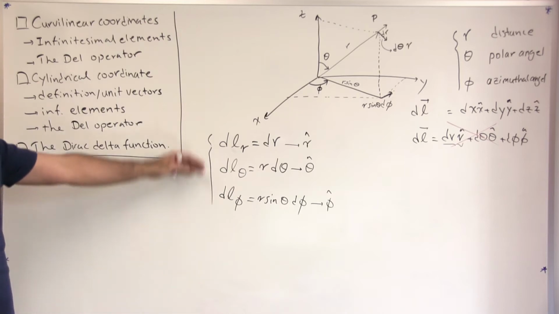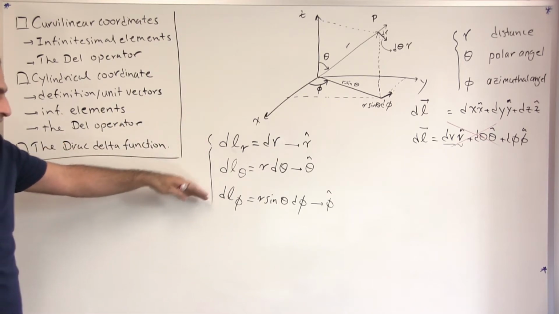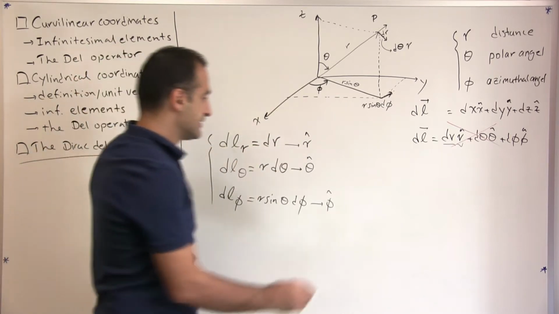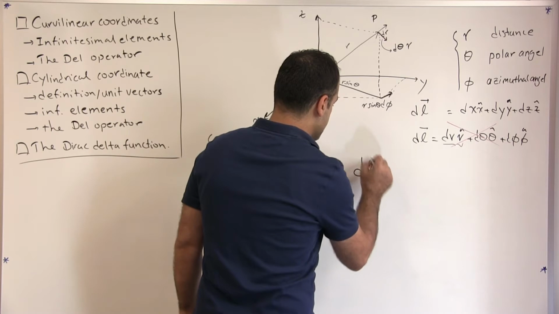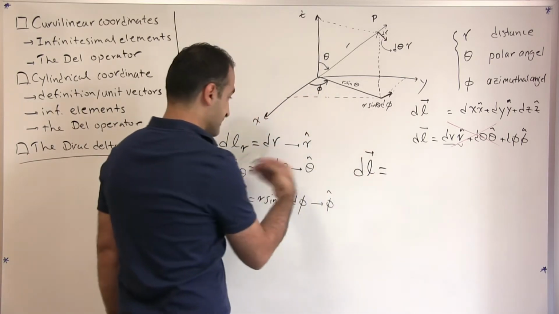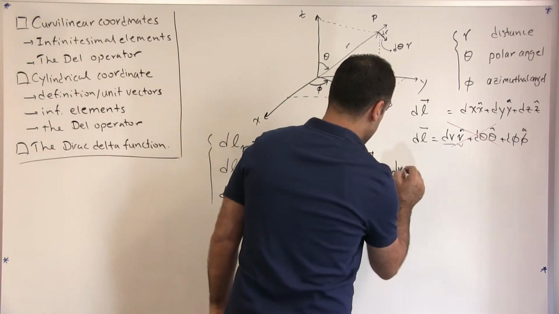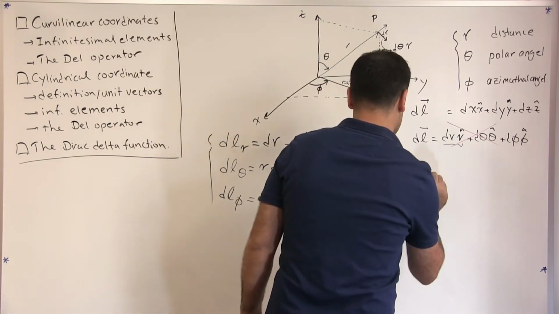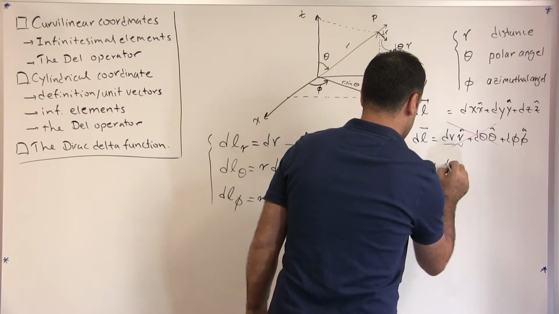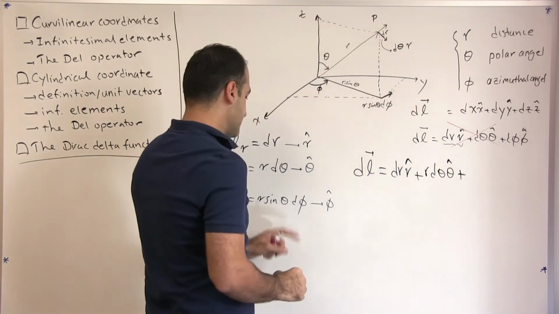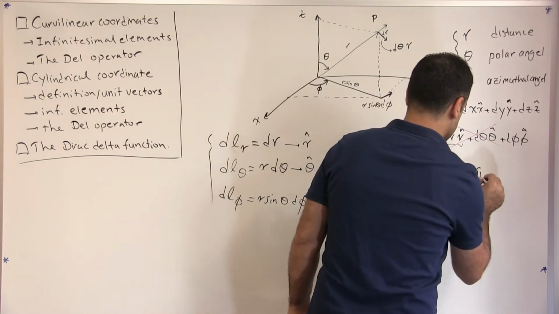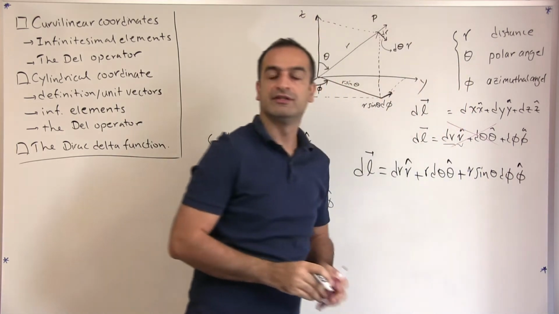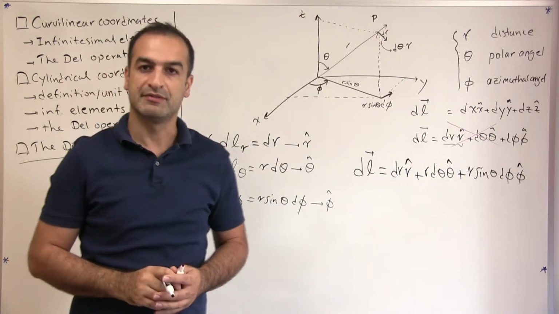So looking at this infinitesimal displacement and the fact that they are in the same direction of the unit vectors, every infinitesimal displacement in spherical coordinates can be written as dr r hat for the r component, plus r d theta theta hat, plus r sine theta d phi times phi hat, which is the phi component of the displacement.